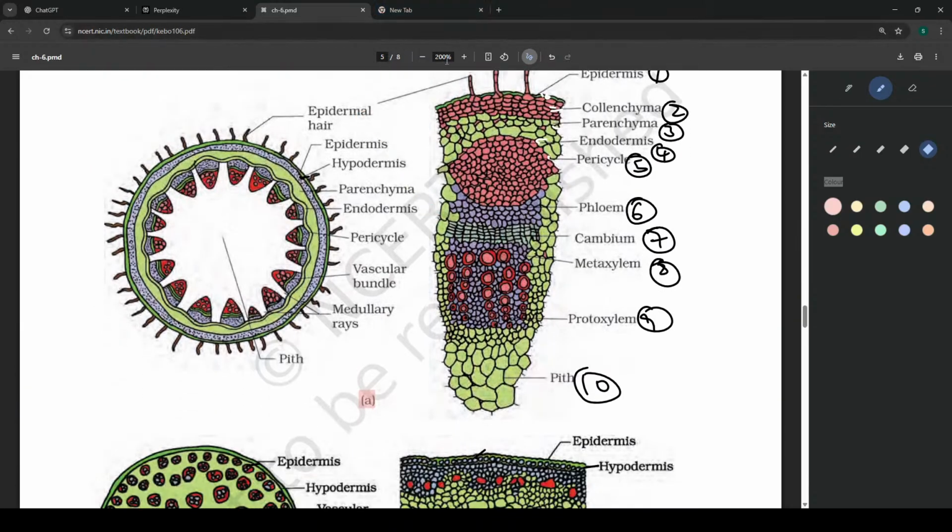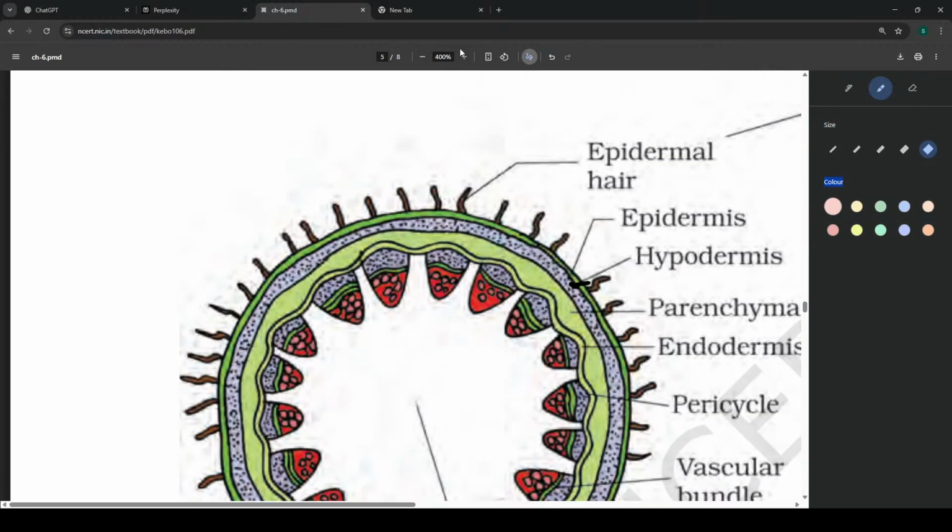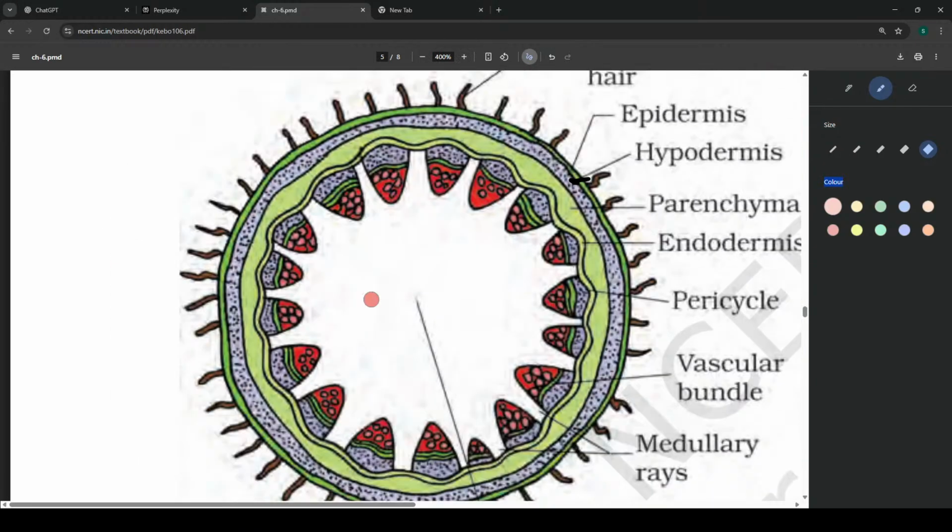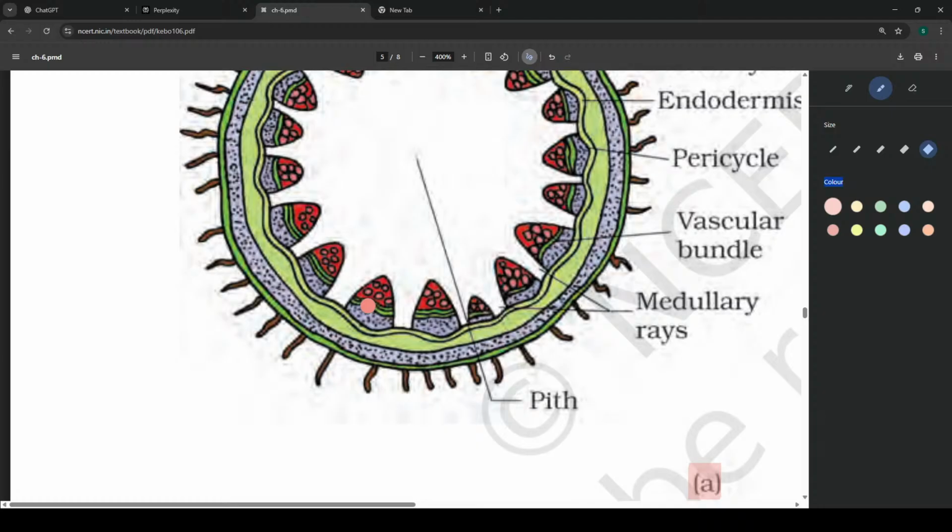Here, if we observe, these are the vascular bundles. Let's assume these two are vascular bundles.